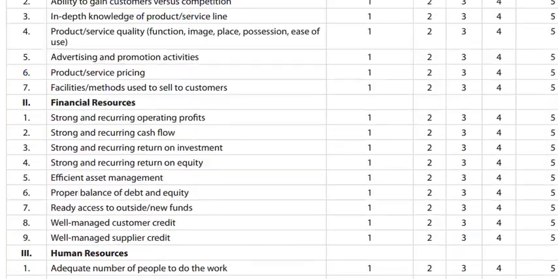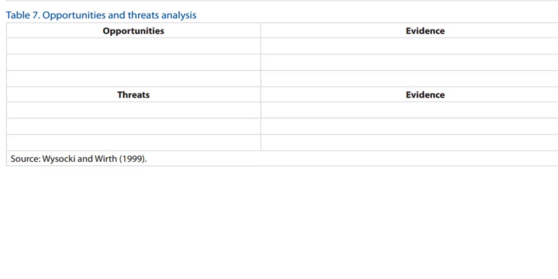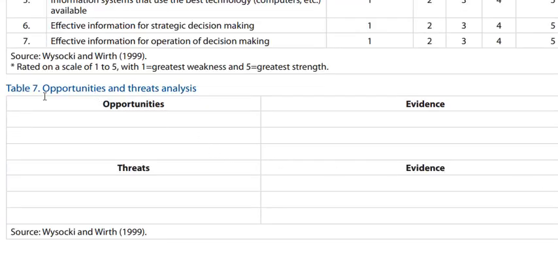Let's move on to table number 7. Table number 7 is about opportunities and threat analysis. We only have to list 3 opportunities and 3 threats.